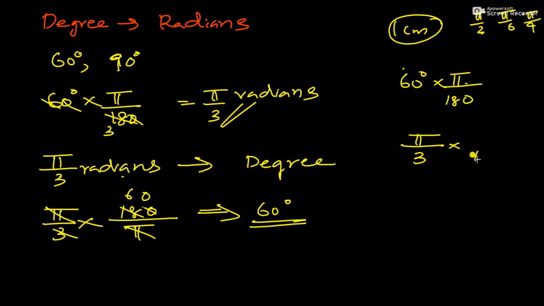So the pi will be coming in the denominator, and obviously 180 will come in the numerator. So this pi and pi is going to cancel, and you will get a degree value. So just remember it, you don't need to just memorize it by heart. In radians to degree, you need to multiply by 180 by pi. You just get into the sense, that's common sense.